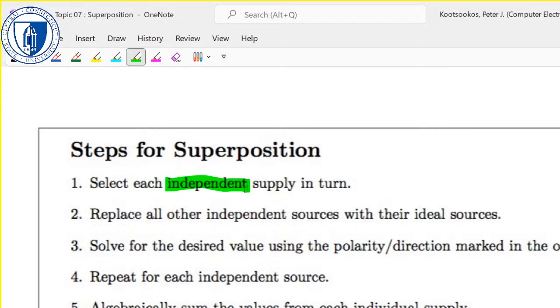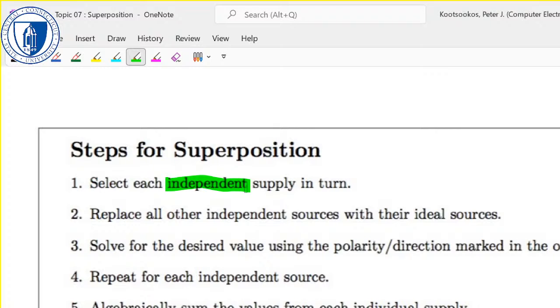So you select one of the independent sources, and then you replace all of the other independent sources with their ideal sources. And I'll tell you what an ideal source is shortly.